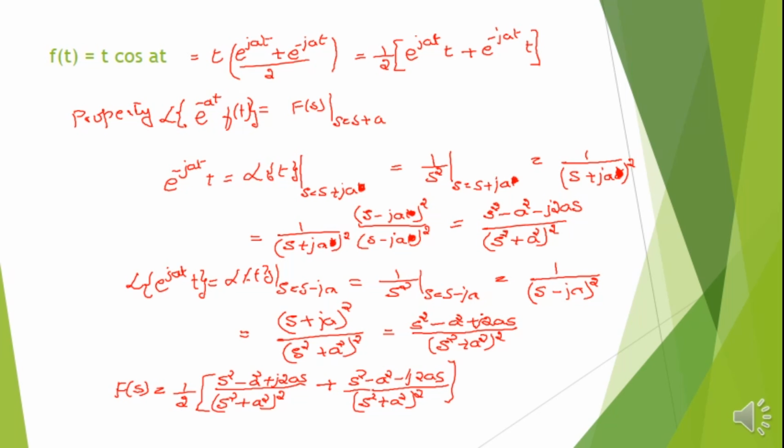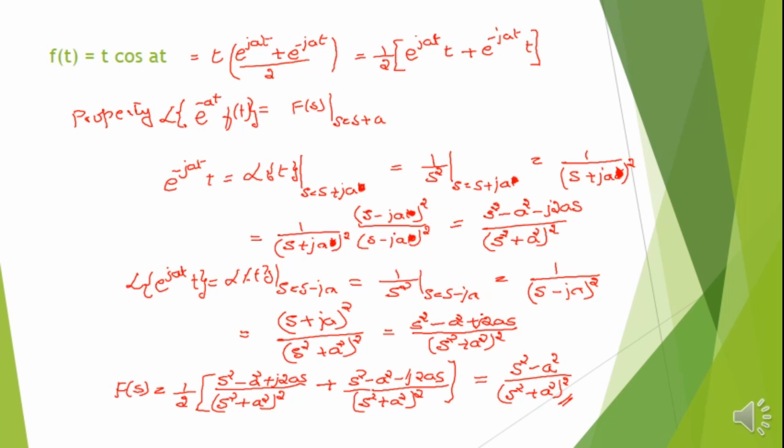So the LCM is common, the 2 gets cancelled, and what remains is s square minus a square divided by s square plus a square whole square.